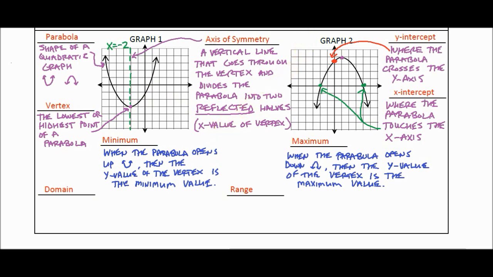Here's the last thing we'll talk about, and that is domain and range. You've covered domain and range in Integrated Math 1. If you want to recall, the domain is all the possible x values. Take a look at the graph here.